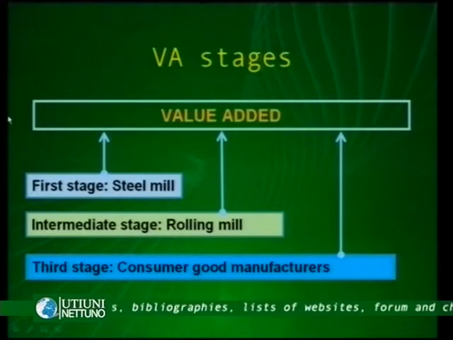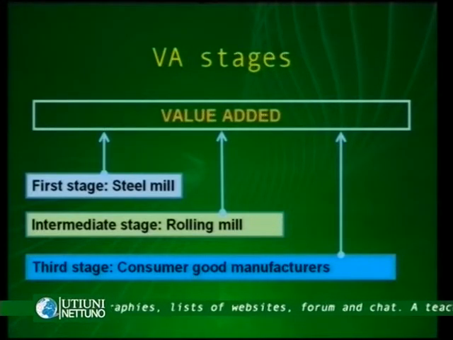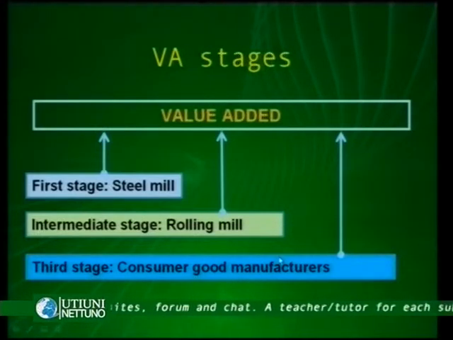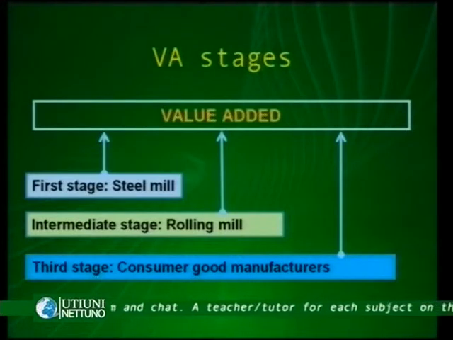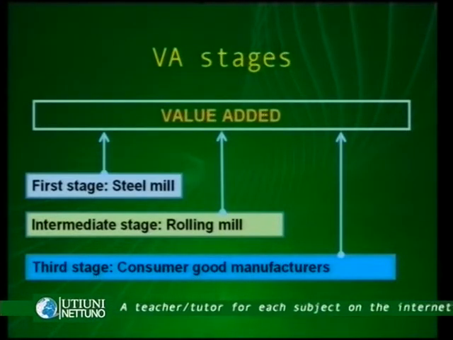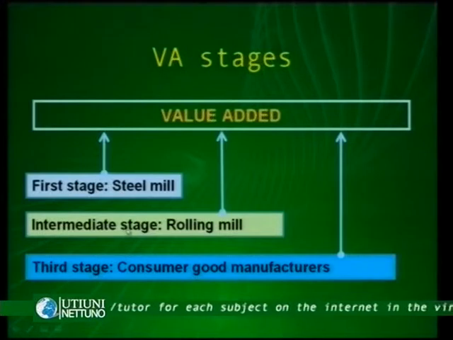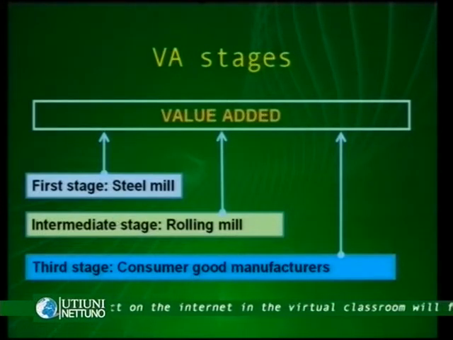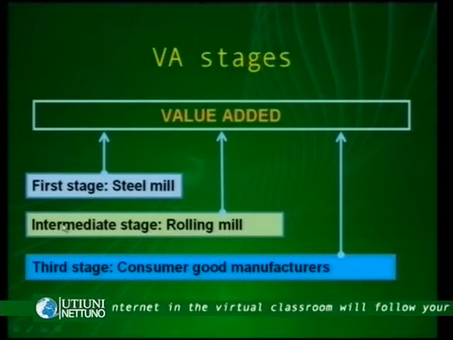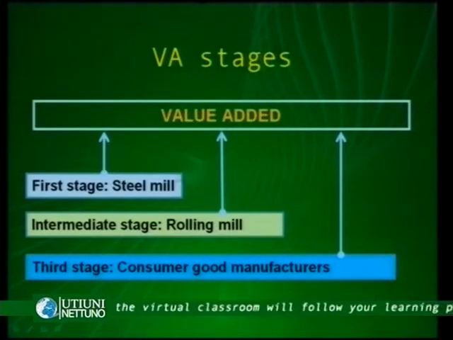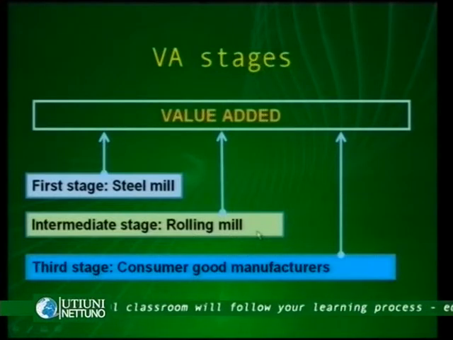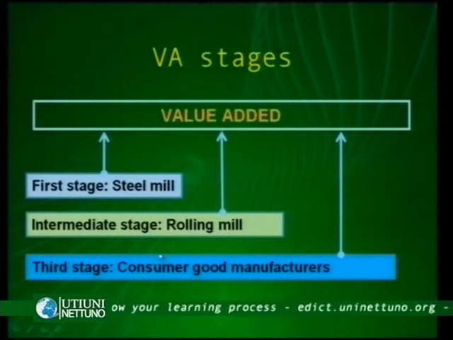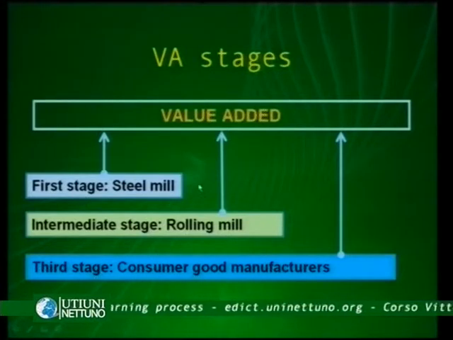And this is done for a very simple reason: if you were adding the outputs of these three stages without subtracting the inputs, you would double count the inputs. So you would sum the inputs each time that you consider a new production stage. So if you are here at the intermediate stage and you consider ingots as part of the output, then you will consider the ingots two times, one here at the first stage and one here at the second stage.